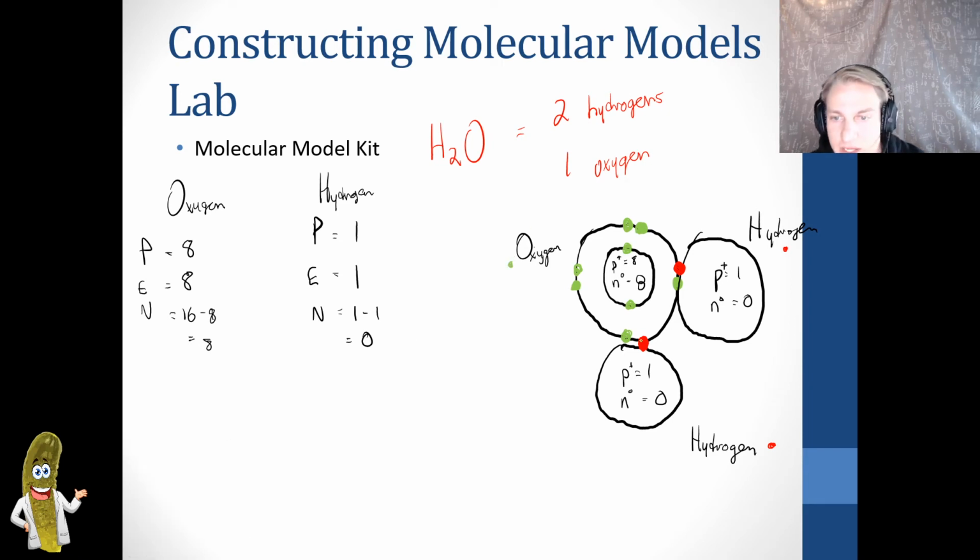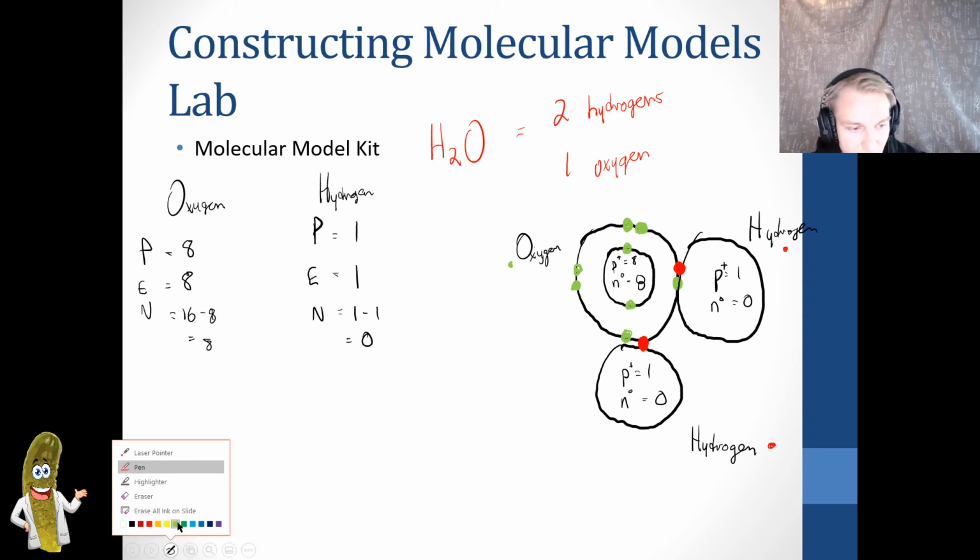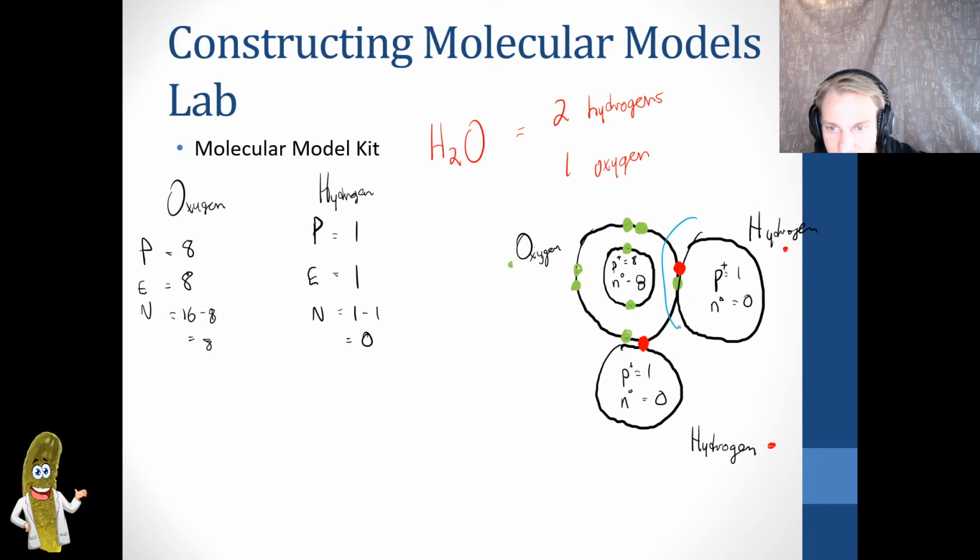So what's actually going on here is these 2 electrons, at this interface, which I'll circle here, between hydrogen and oxygen, those 2 are actually sharing electrons.